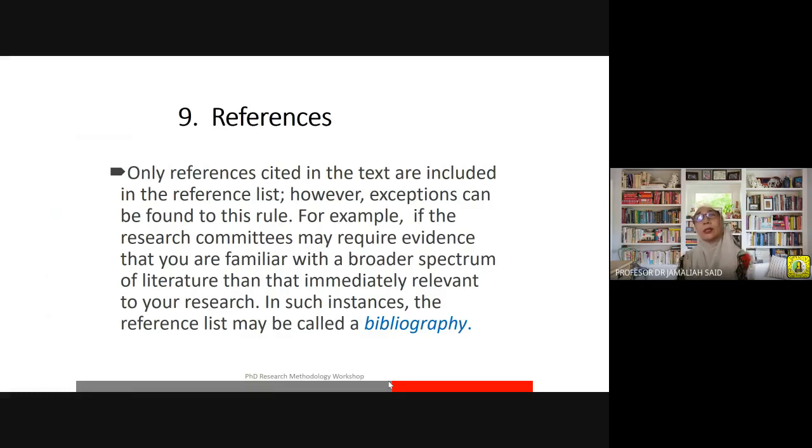For example, theory. Theory is normally very old. Other than that, for past studies, don't take a past study from 1967, a study by Ahmad on fraud. No, that is not very famous. So make sure study references are recent and related.